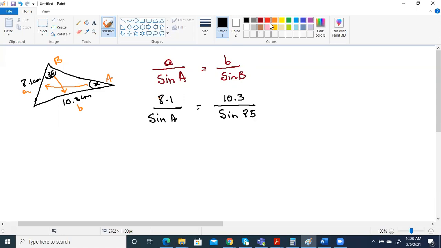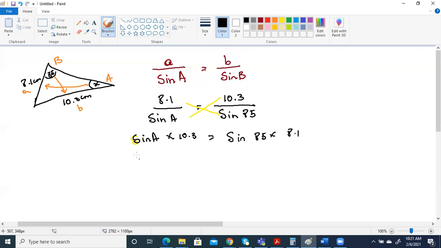We then go ahead and cross multiply. I like to have the one that I'm trying to find on the left side. So I'm going to put sine A times 10.3 equals sine 85 times 8.1, because you're cross multiplying.